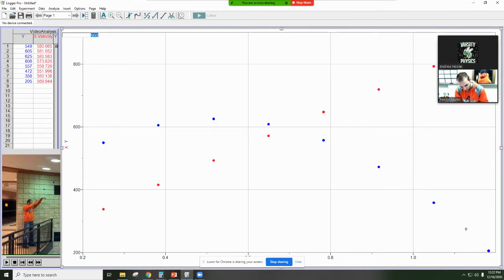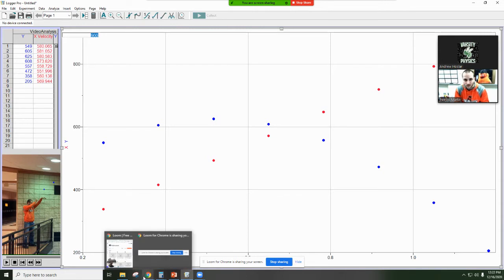So, Mr. Martin, I know you're here because you want me to drop some knowledge, and we all want to know more about projectiles. Let's be honest. We have this line in red that represents what's going on with this ball in the X direction. So what does that tell you?